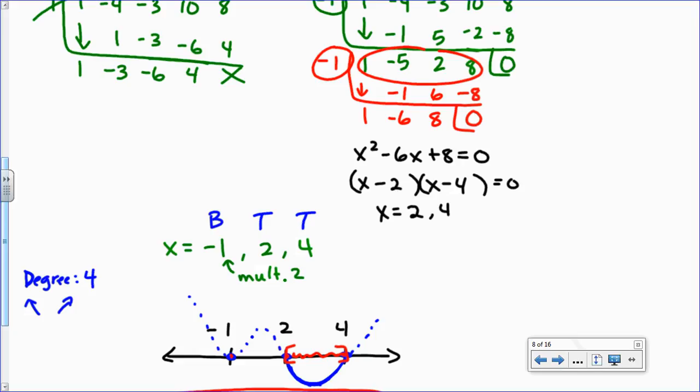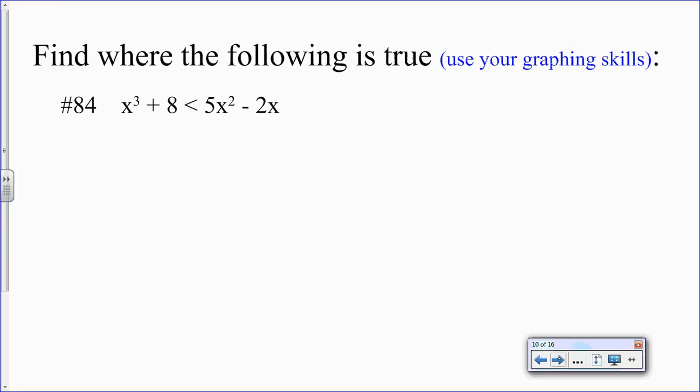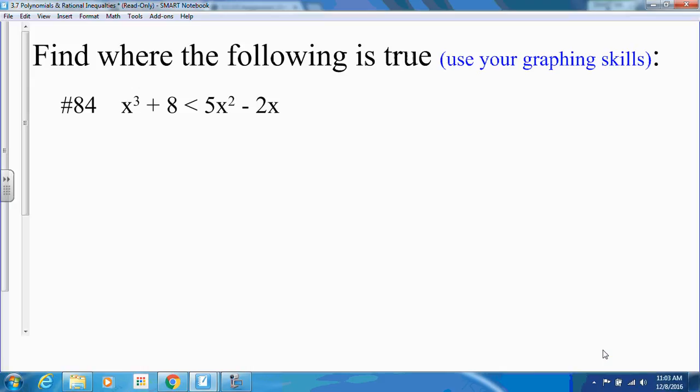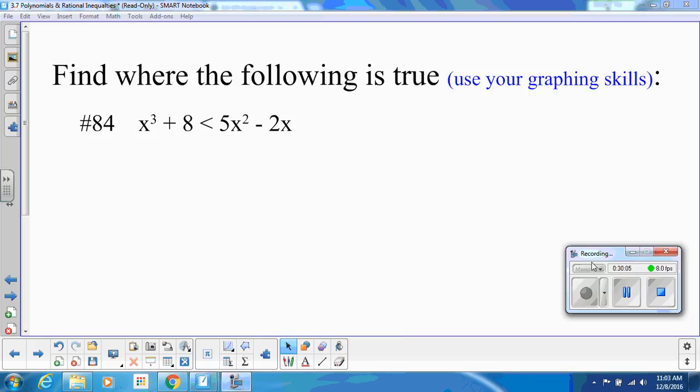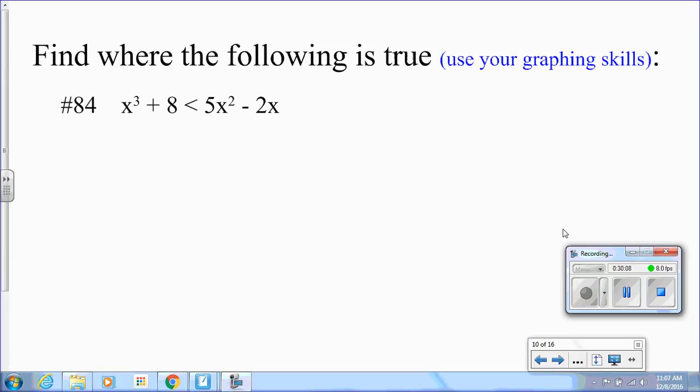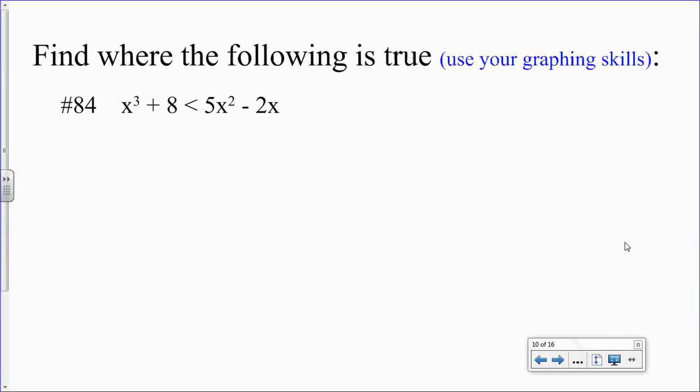Okay. All right. So let's do this one, and I'm going to give you time to work on this one on your own. Okay, so for your zeros, you should have gotten -1, 2, and 4.